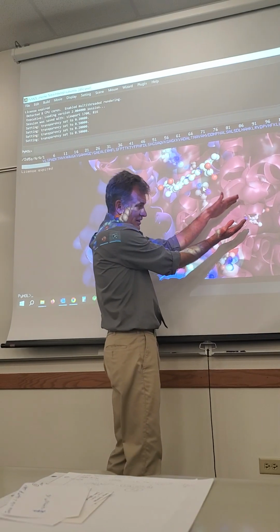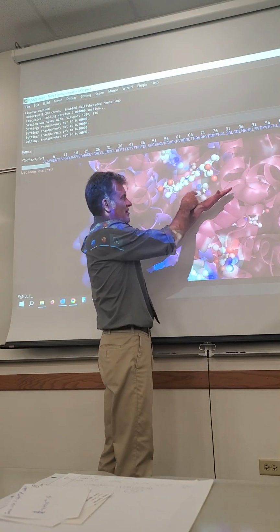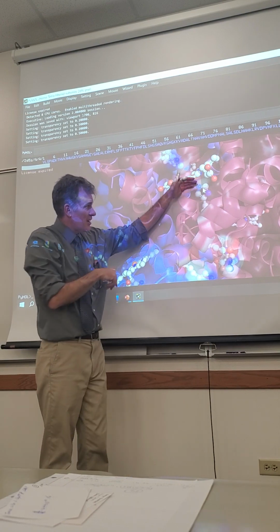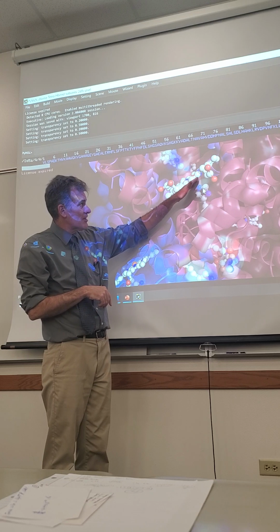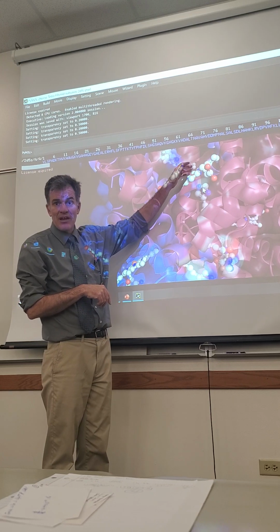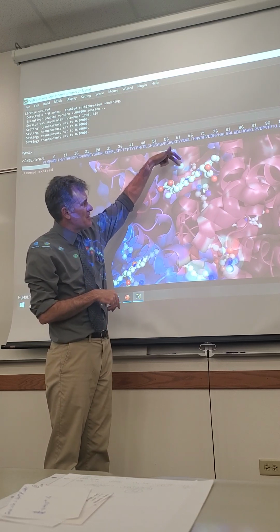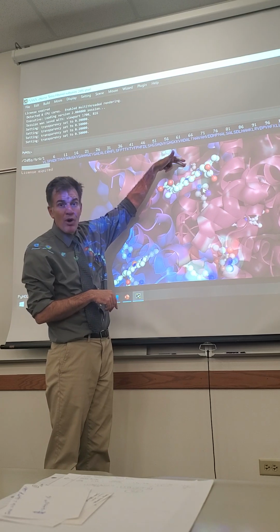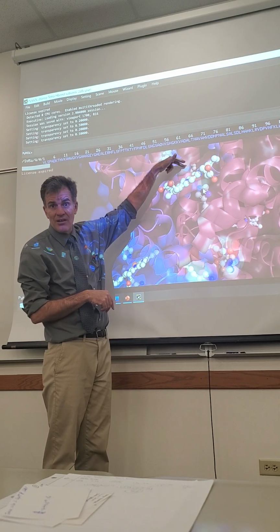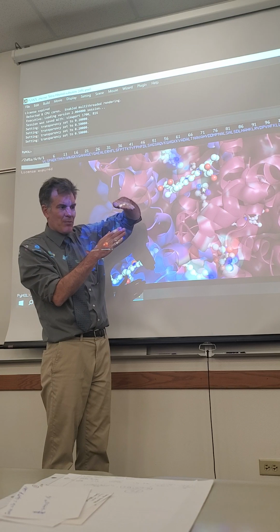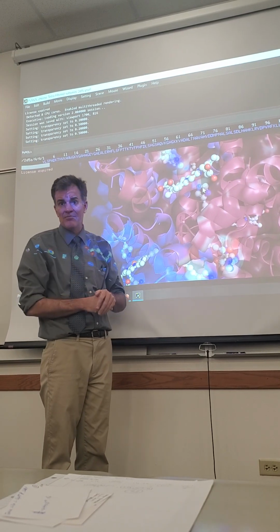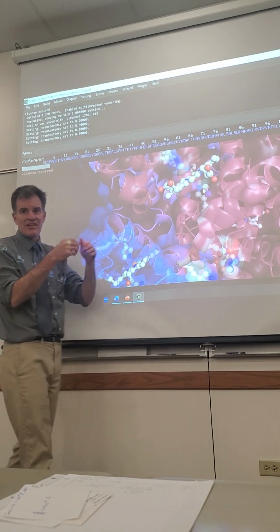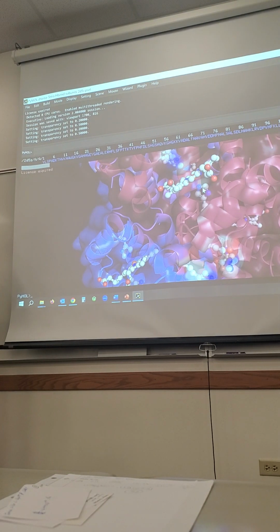When it pulls in, the histidine pulls on the electron density of the iron, which disrupts the interaction on the other side. And remember, the oxygen's being held in place somewhat by the distal histidine as well. So it's got a favorable position up here, and as you pull down, that can stretch that interaction. When that stretches, the electron density can flow back, and then the oxygen is freed.